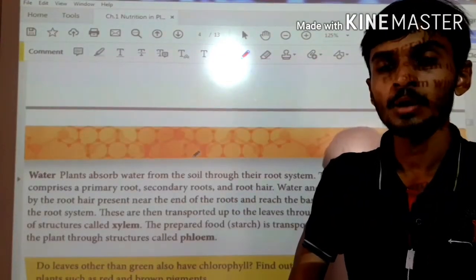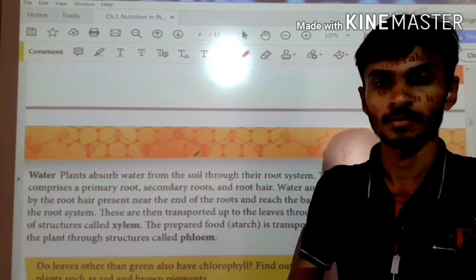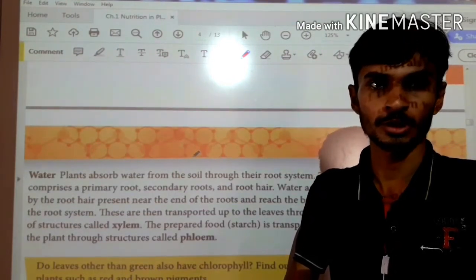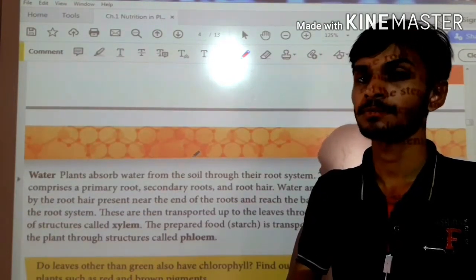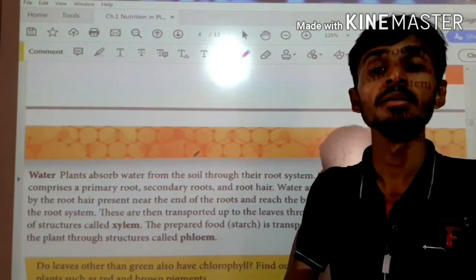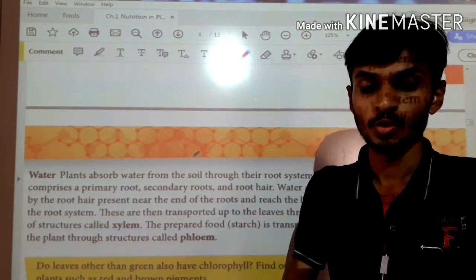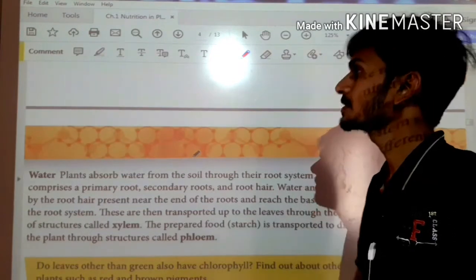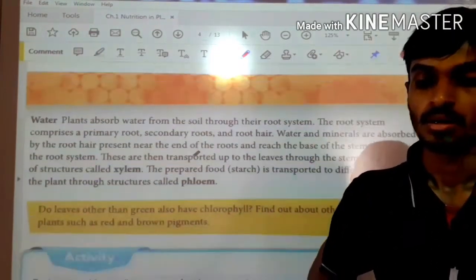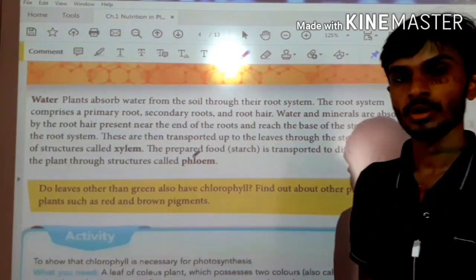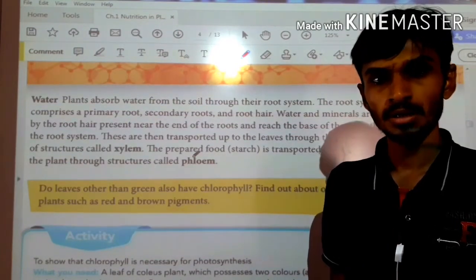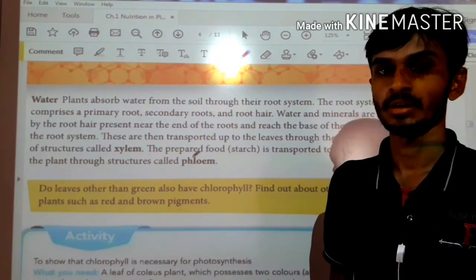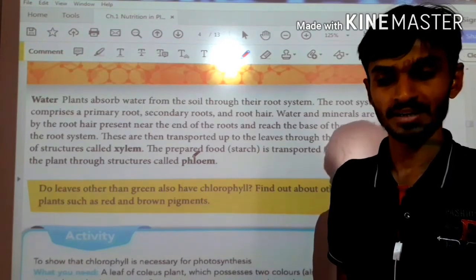Okay guys, now next factor is water for the photosynthesis process. This is one essential factor for the photosynthesis process in the green plant. Okay, so how is water helpful? So guys, we know that when root absorbs water from the soil, it will be transported to all the parts of the plant, right?